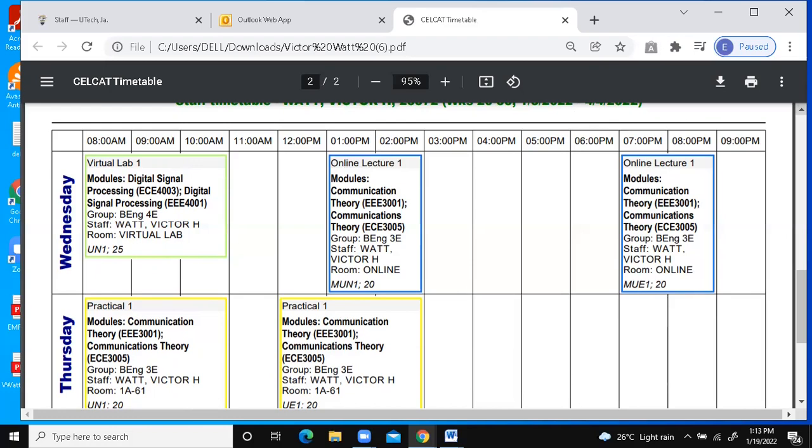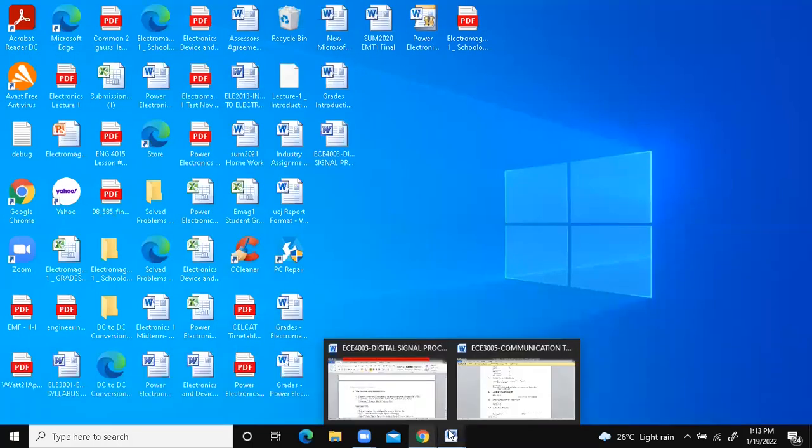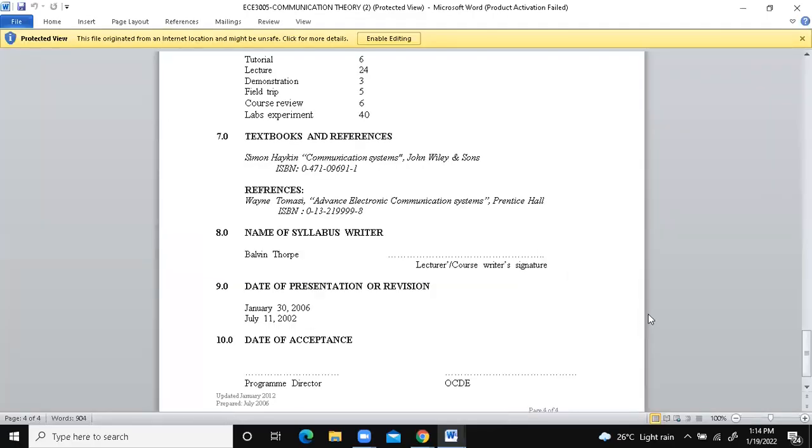So that is that for timetabling. Now, let's look at the syllabus.